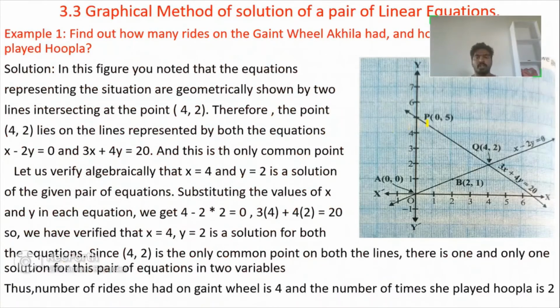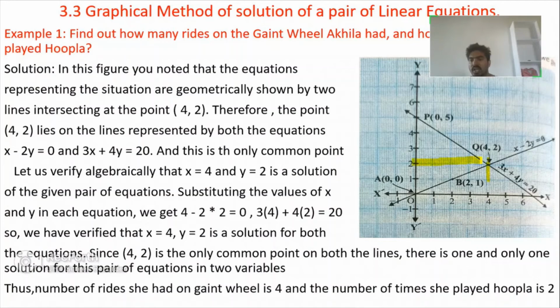Okay. Now, if you plot the graph, we can clearly see that in this figure, the equations representing the situations are geometrically shown by two intersecting lines at the point (4, 2). Here in the graph, we can clearly see that the two lines which were plotted intersect at the point (4, 2).